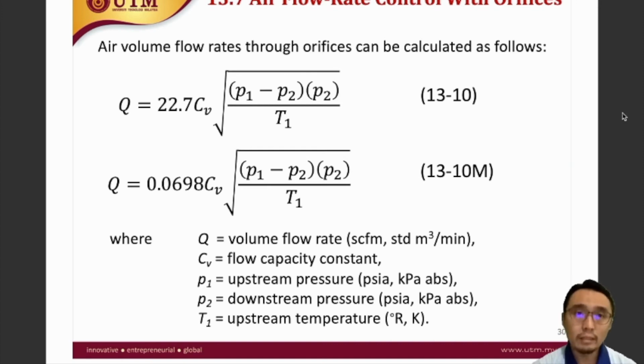So this flow rate through orifice can be calculated using these two equations, 13.10 and 13.10, the imperial and metric version of the equations. So Q is the volume flow rate, which is this one.